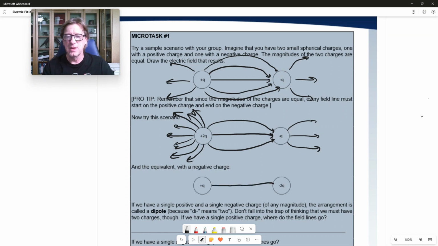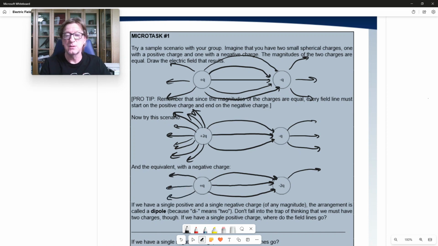So let's draw the obvious ones first. So that's going to look like this. I've got 3 leaving here and 3 leaving here. However, again, for the same reason, let's go ahead and put in some field lines over here, so we can see what that's going to look like.